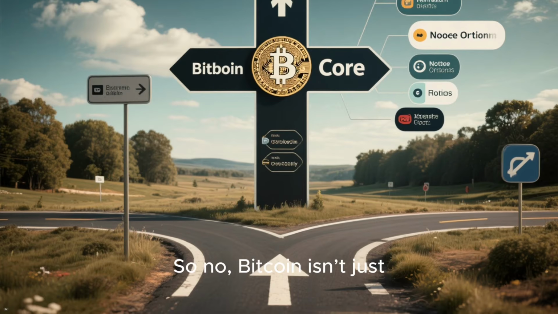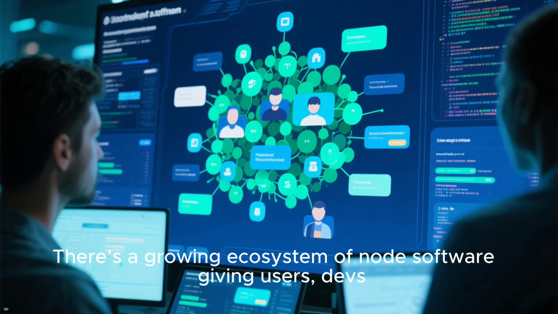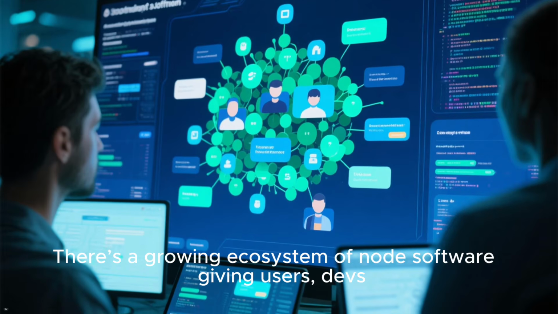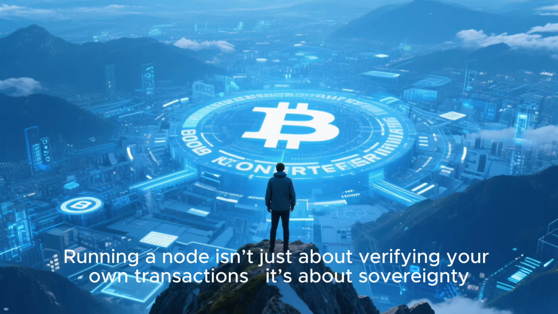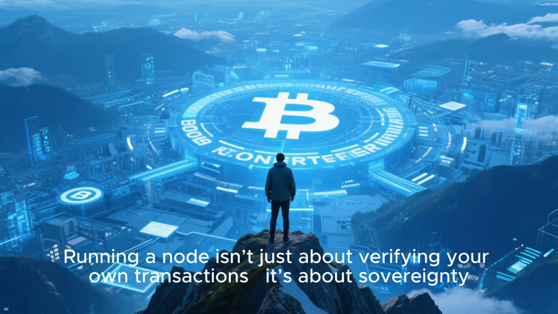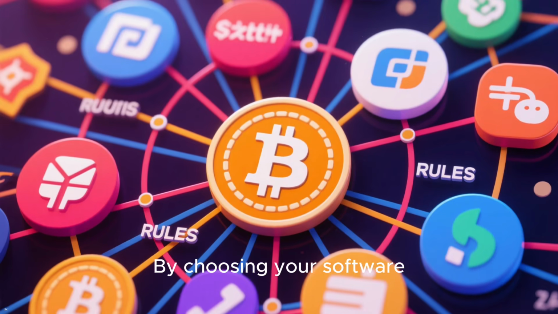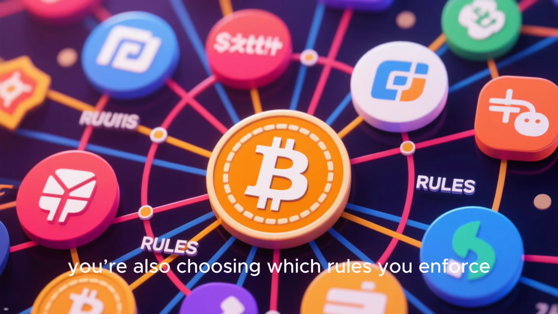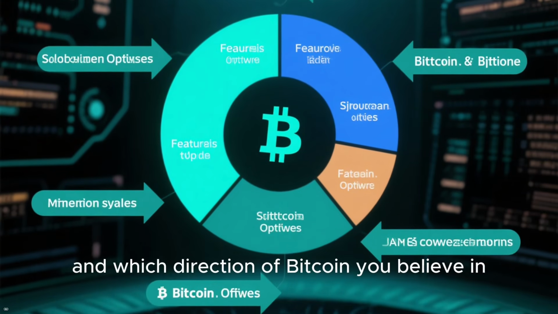So no, Bitcoin isn't just Bitcoin Core or bust. There's a growing ecosystem of node software giving users, devs, and businesses options that fit their goals. Running a node isn't just about verifying your own transactions, it's about sovereignty. By choosing your software, you're also choosing which rules you enforce, which features you enable, and which direction of Bitcoin you believe in.